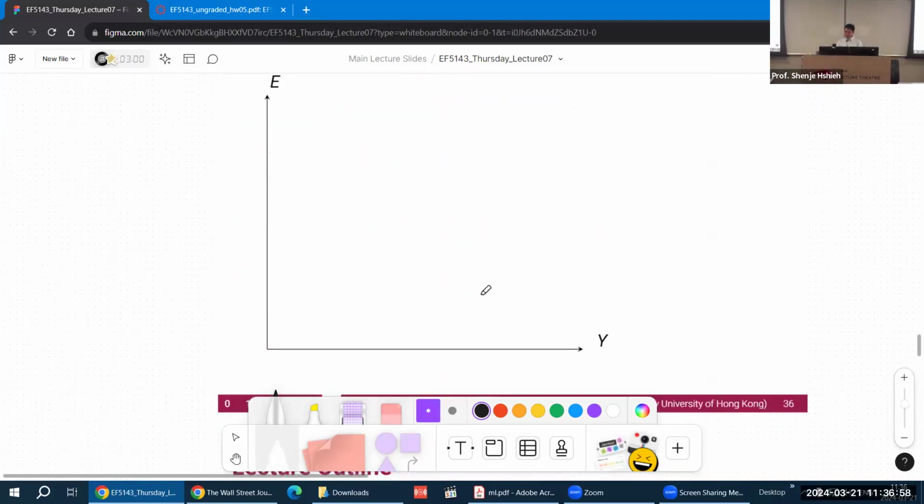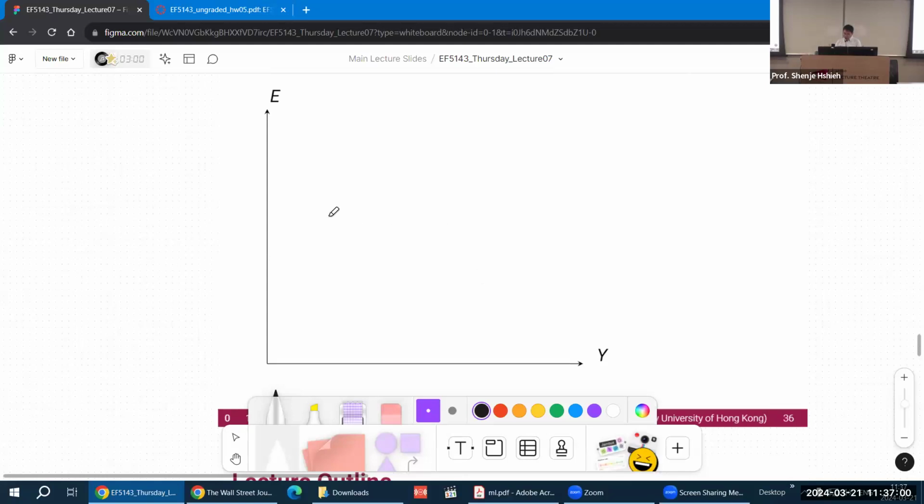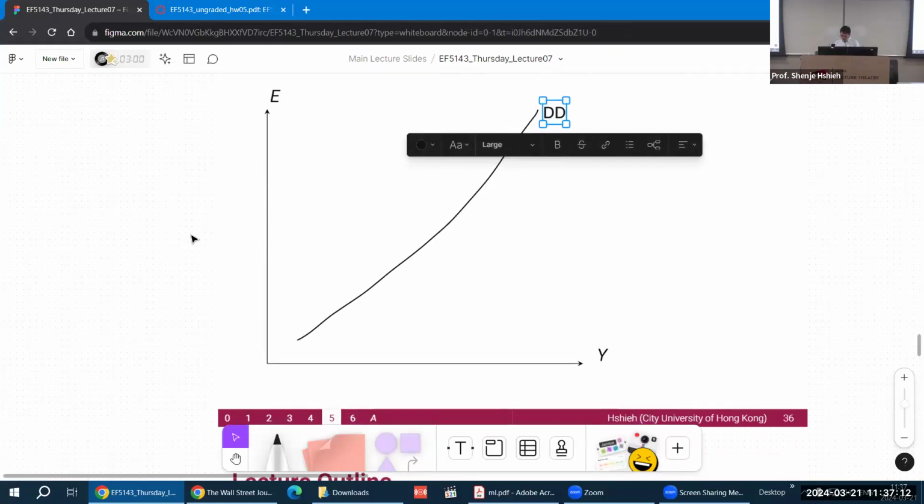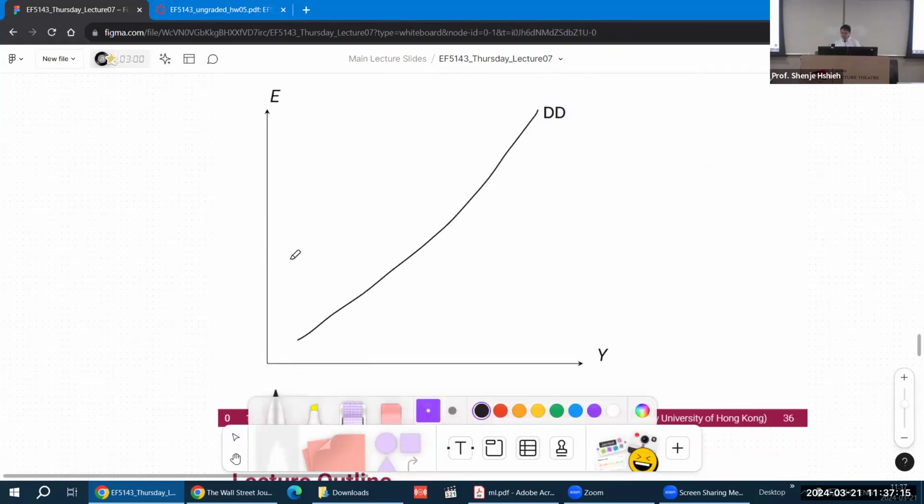So graphically, what does that look like? It looks like the following. Here I'm plotting E versus Y. Suppose DD is normal, the same as before, upward sloping. But there's something weird going on with the AA schedule. Under the zero lower bound, your AA schedule will look like this, perhaps. Okay?